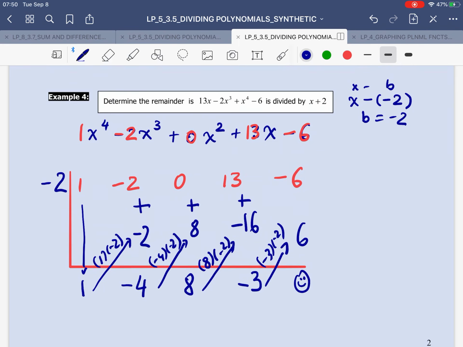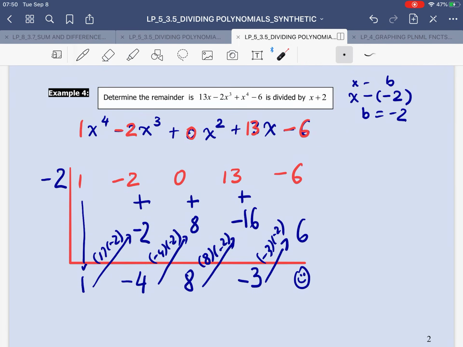This time we divided a fourth degree polynomial by a first degree polynomial, by x plus 2. So the degree of the quotient must be x to the 4 divided by x to the power of 1, which tells us that the first term will be an x to the power 3 term, then x squared, x, and there goes the last term, the constant.